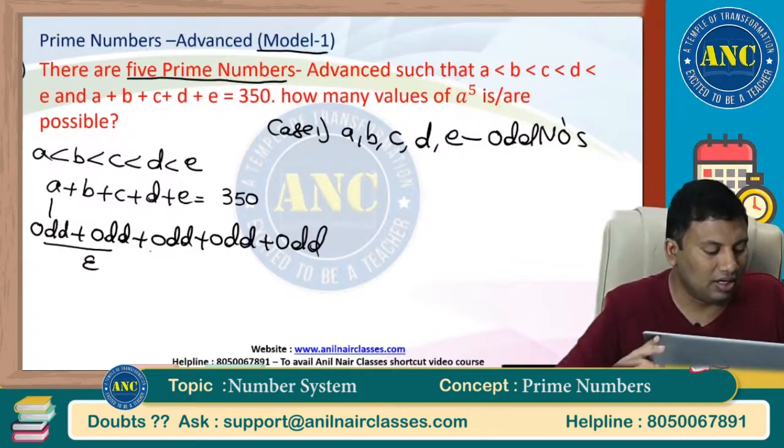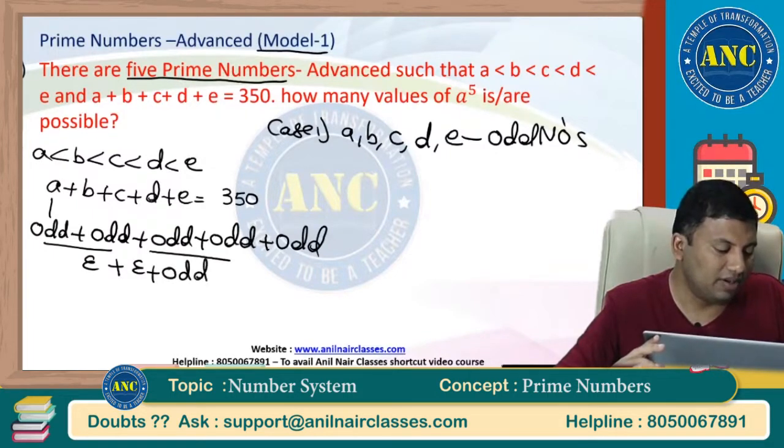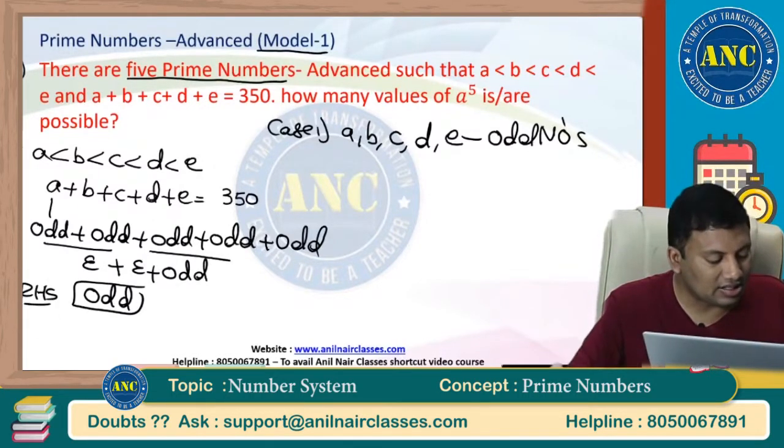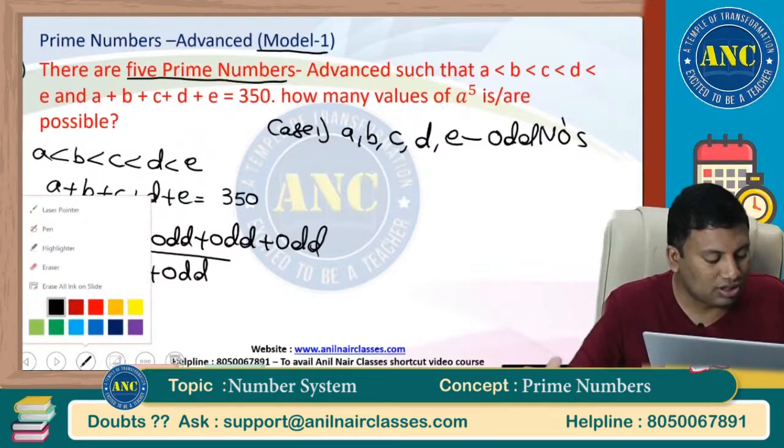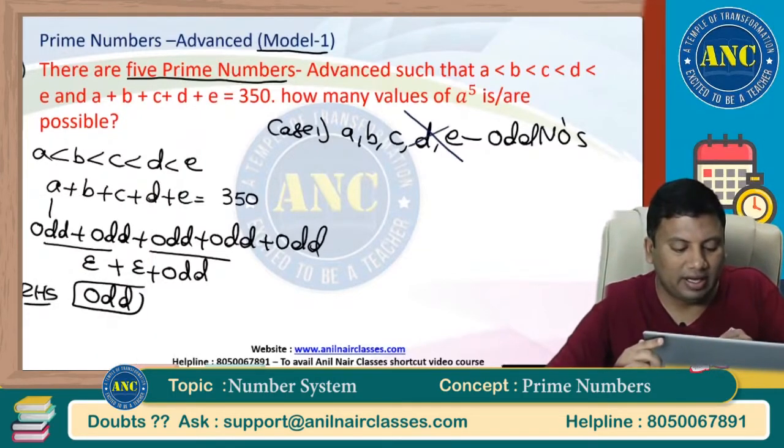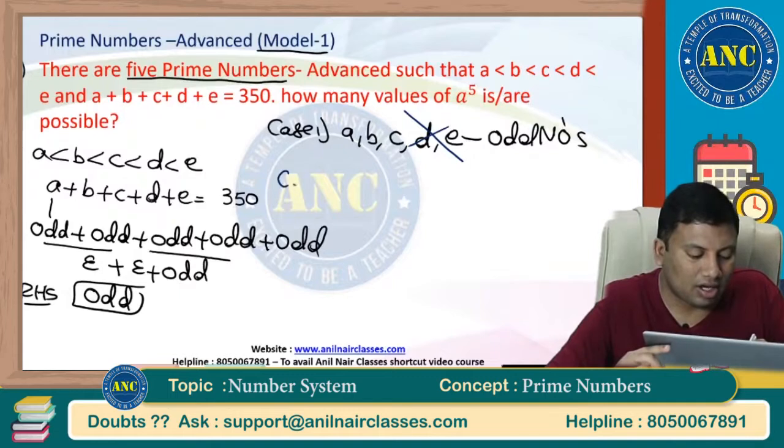Odd plus odd is even, plus odd is odd. The right hand side should be an odd number, but the right hand side is an even number. So this case of all 5 numbers being odd is not possible.